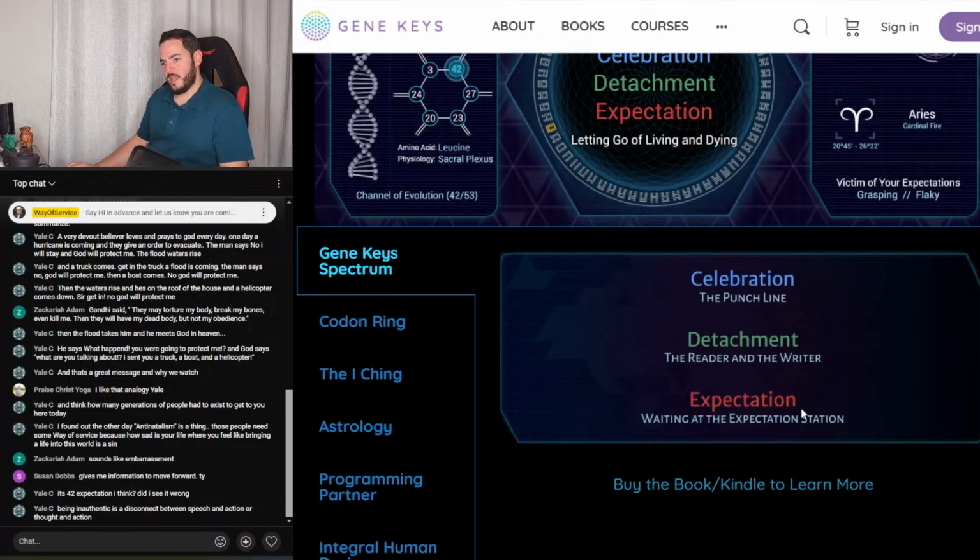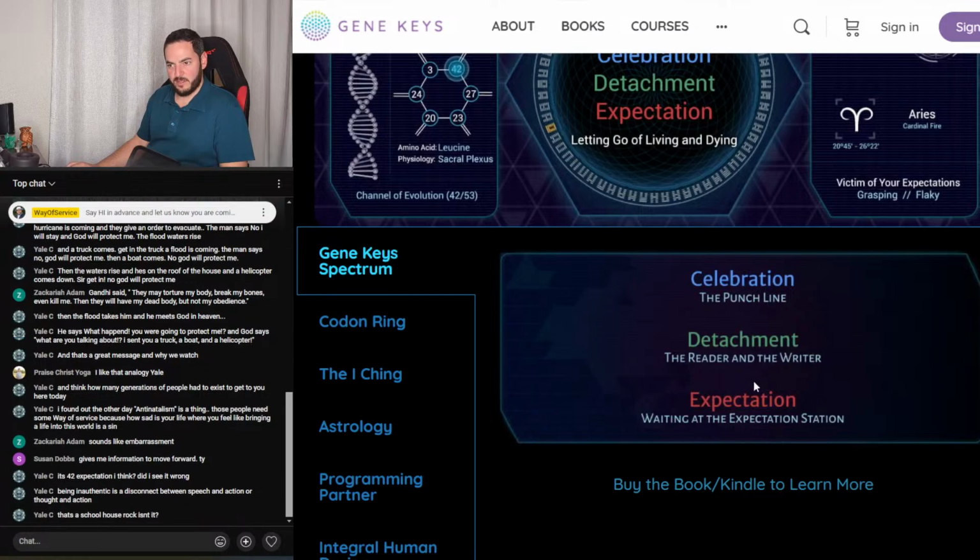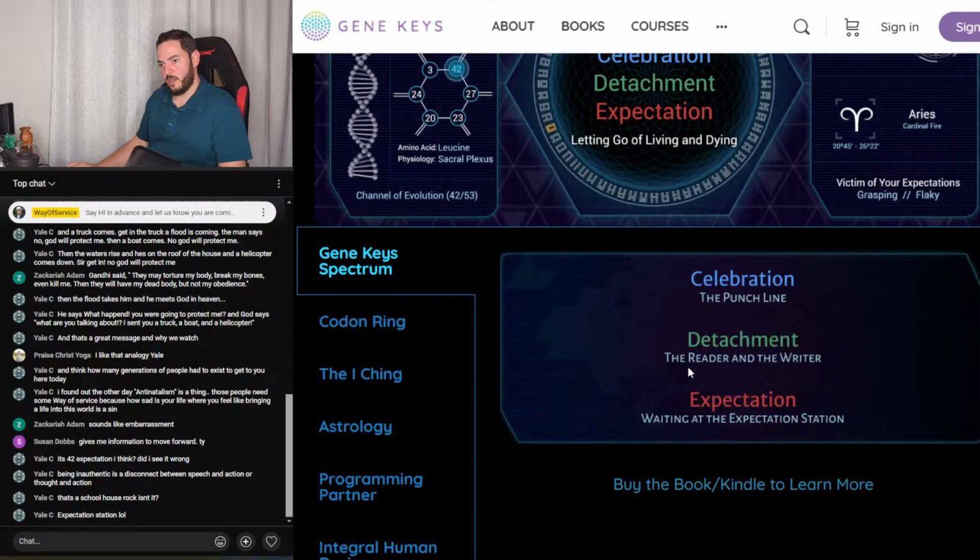So my understanding of this, just my first glance of it, is expectation is we're waiting around for what it is that we want. The correct way to approach that is actually to be detached from the outcome, or detached from our expectations, letting go of the situation and letting it evolve the way it's going to evolve.